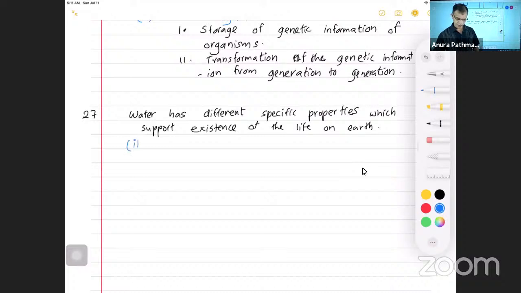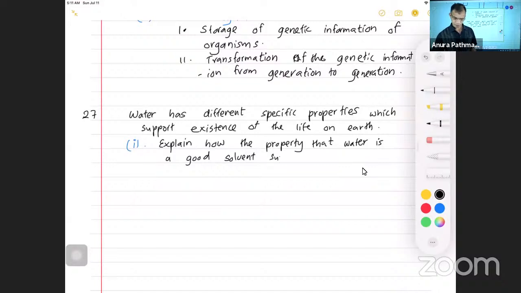Simple, Roman number 1. Explain how the property that water is a good solvent supports the life.